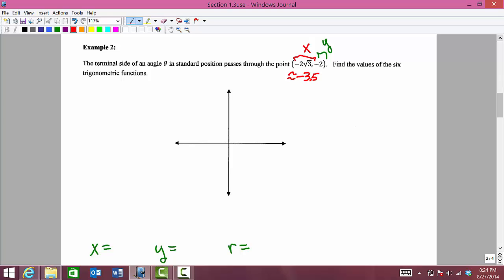So if I'm trying to figure out where to plot that, we would go about 1, 2, 3, 4. So I go about right here. That would be my negative 2 square root of 3 approximately. And we have a y value of negative 2.